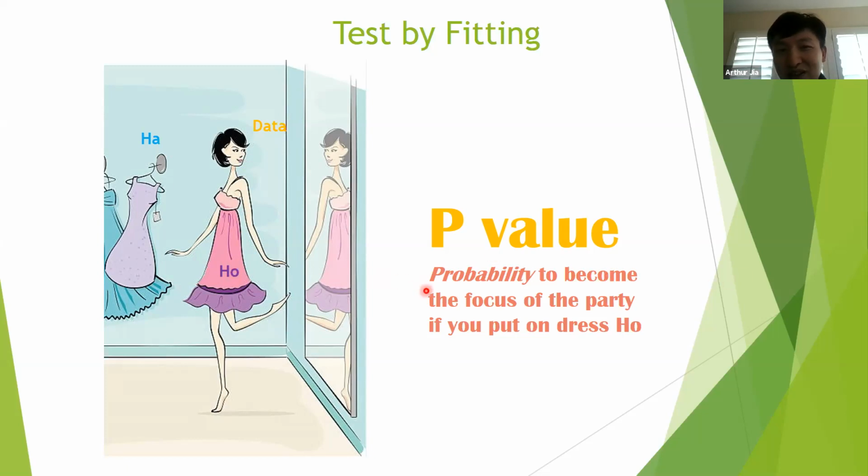The p-value here is the probability of becoming the focus of the party if you put on the first dress, the null hypothesis dress. So if this p-value is large, which means you believe H0 is good, you're gonna take this one. Otherwise, if this p-value is small, which means what? Which means if you put the H0 dress on, the chance for you to become the focus of the party is low. So you're gonna reject this one and take the alternative one.